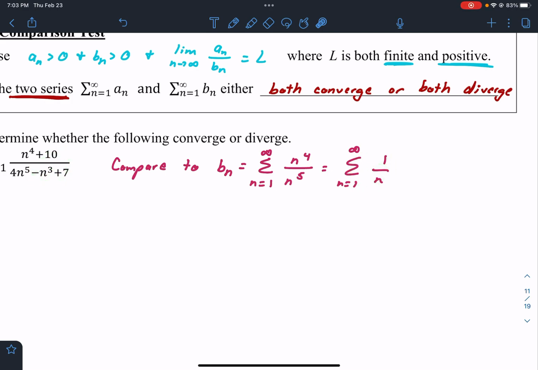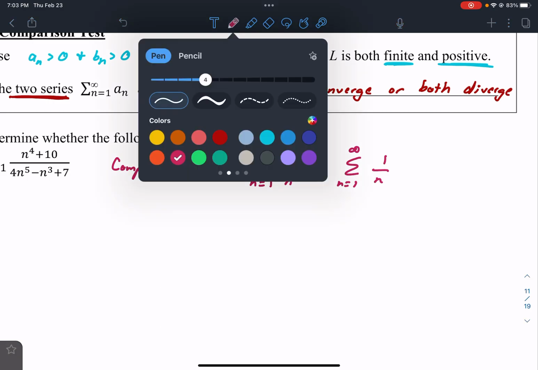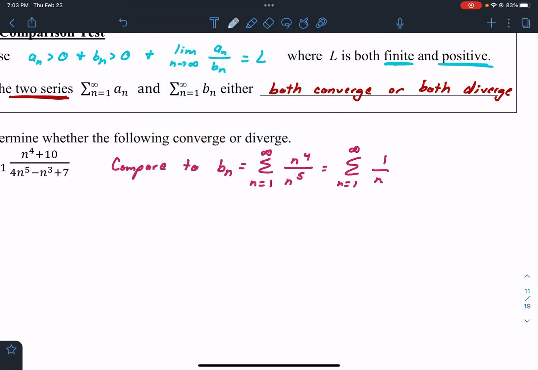This, I know, diverges because it's harmonic. Not because I did anything big, but I could say by p-series, but I can just say this is the harmonic series, right? Therefore, B sub n diverges.